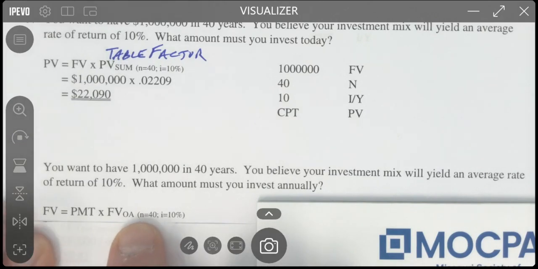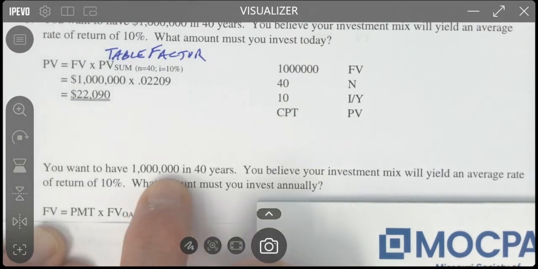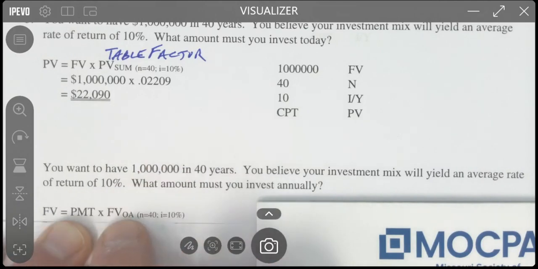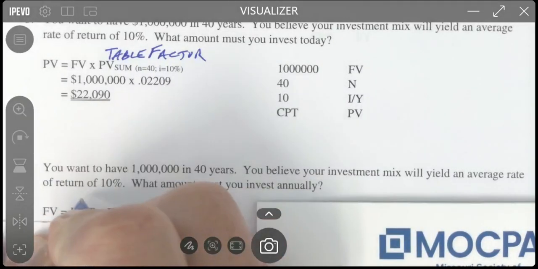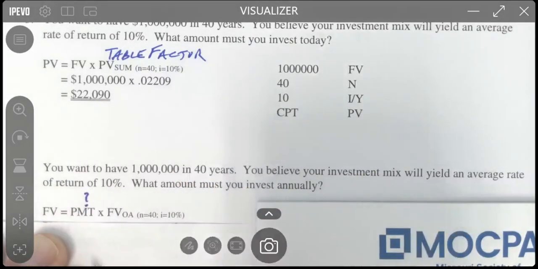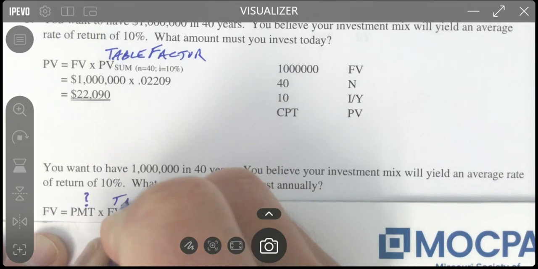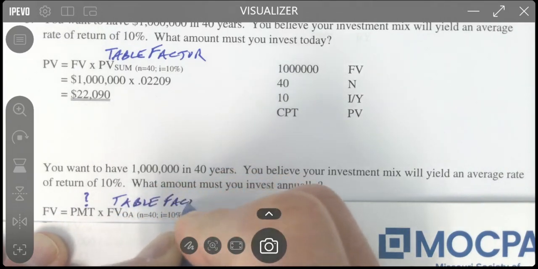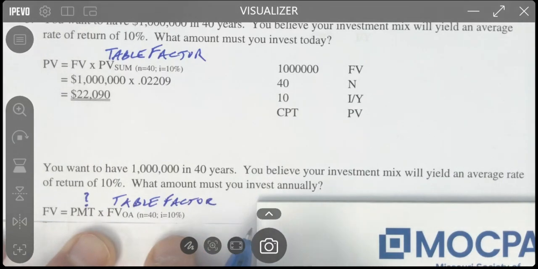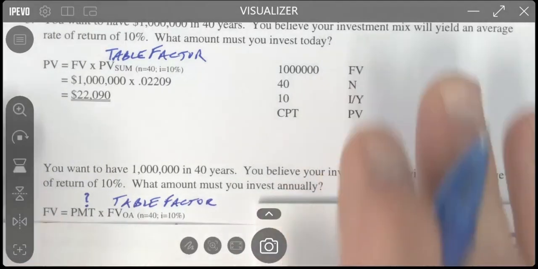Okay, so here we have a known future value we want of $1 million equals a payment. We don't know what that is. That's the unknown multiplied by the table factor for future value of an ordinary annuity, 40 years, 10%.